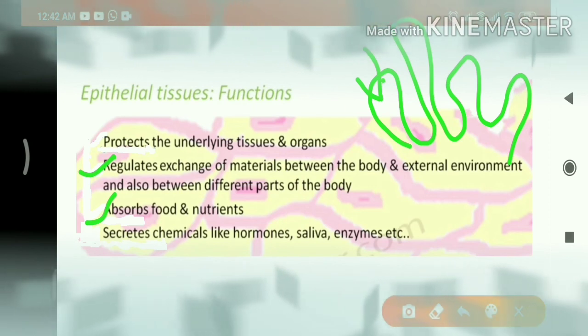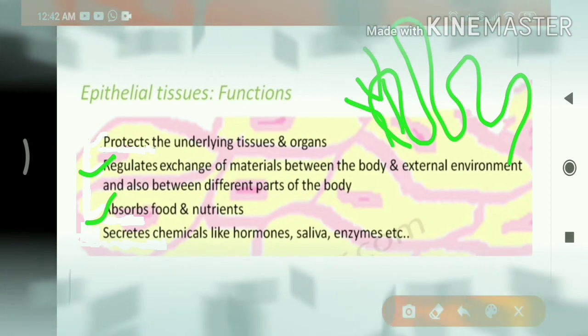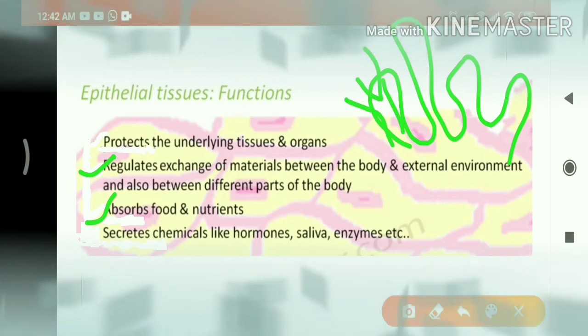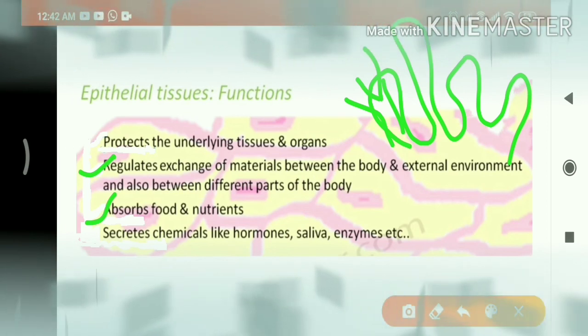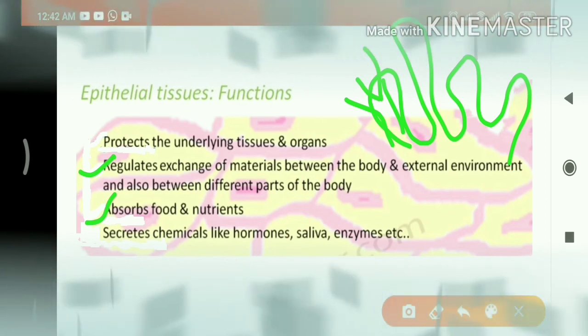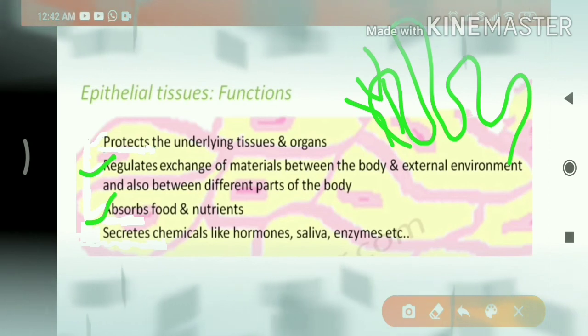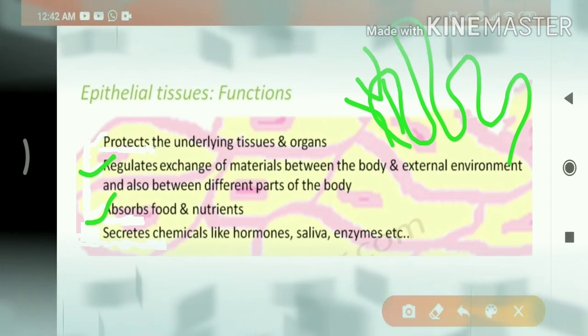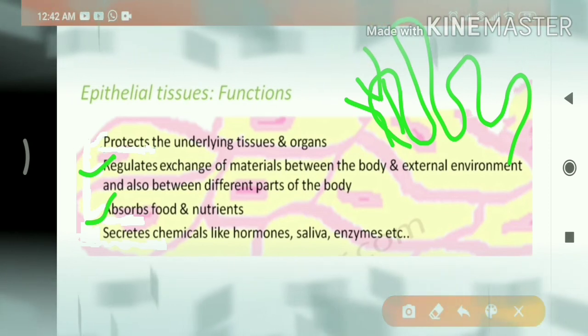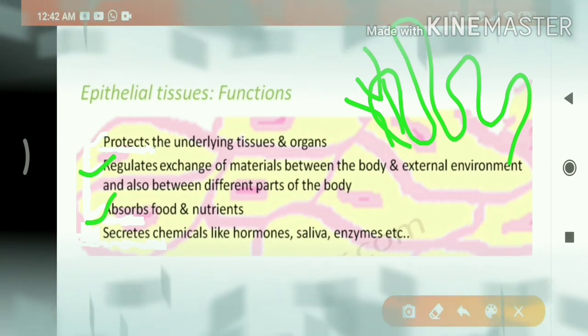Then, the external environment and also between the different parts of the body, everywhere material is exchanged with the help of epithelial tissue. So every arrangement and all regulation is done with the help of epithelial tissue.